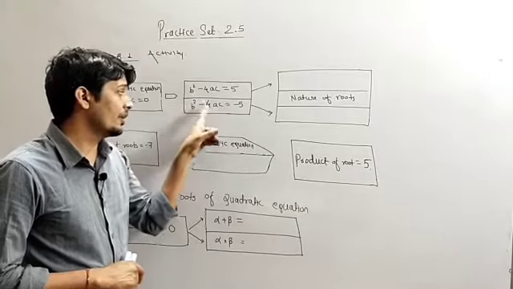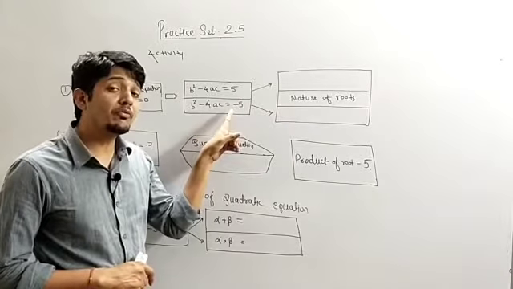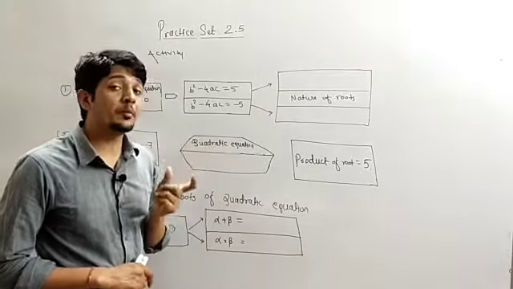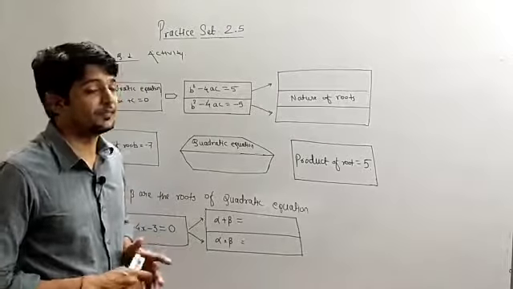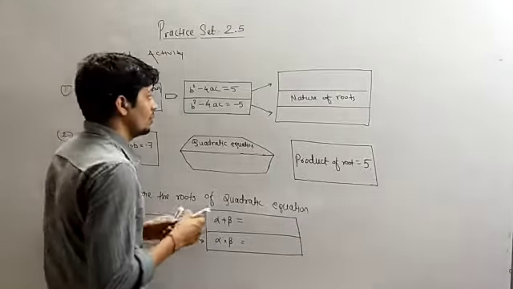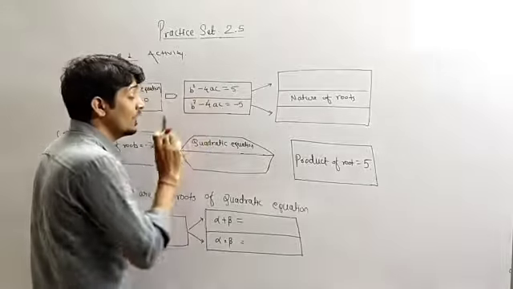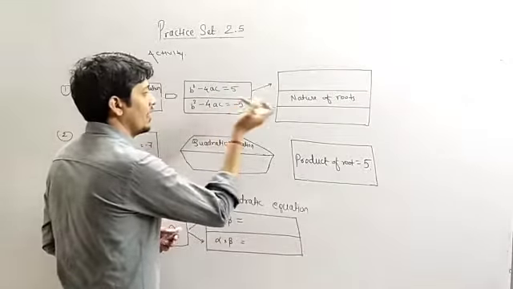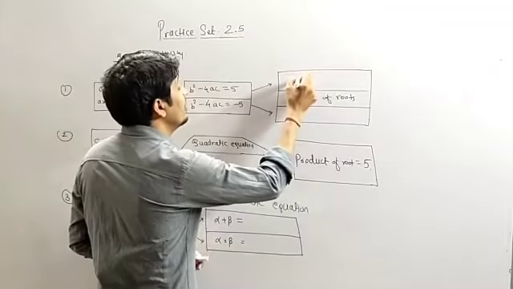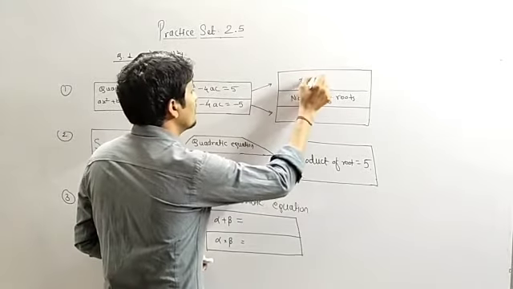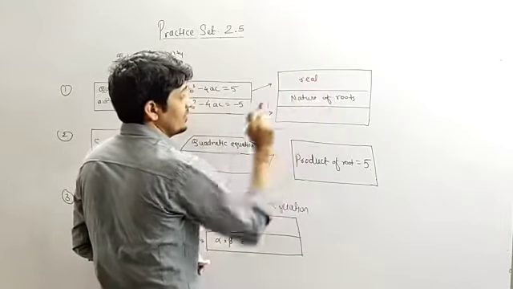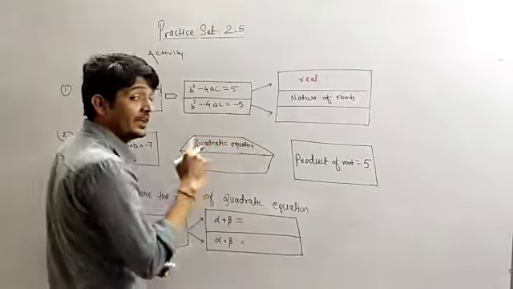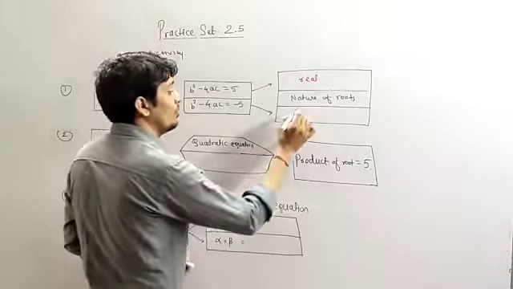And here b square minus 4ac equals minus 5. Minus 5 means the roots are not real. So we have to write: if the value of the discriminant is positive 5, then the nature of the roots is real, and here it is negative 5, that means it is not real.